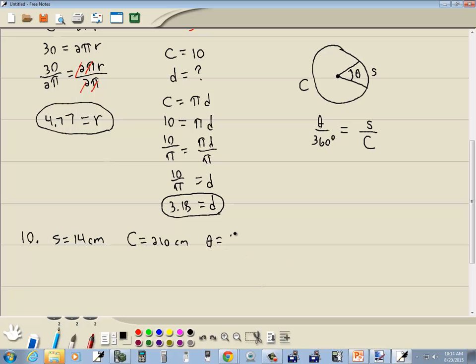And they're wanting to know what theta is. Well, let's plug in what we're given in our formula. So we got theta over 360 degrees is equal to S, which is 14 centimeters, over C, which is 210 centimeters.